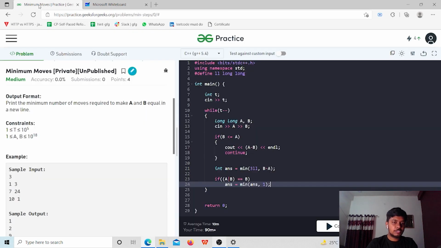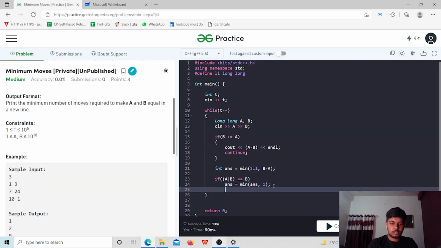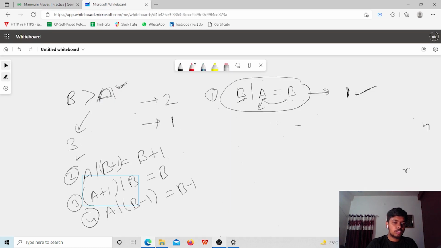Now the second condition is, if a OR b plus 1 is equal to b plus 1, then we can say the answer is equal to the minimum of answer comma 2, right? So this was the second condition.